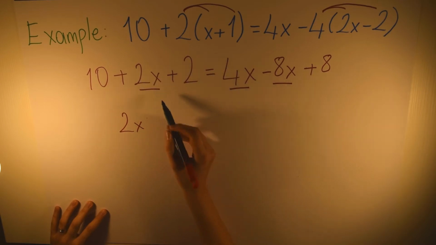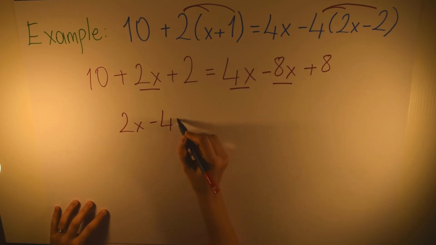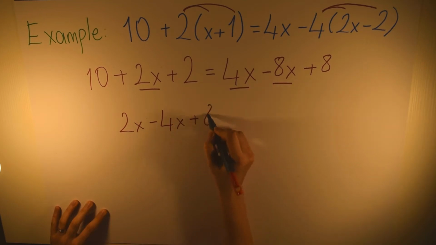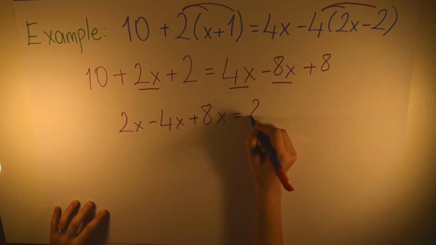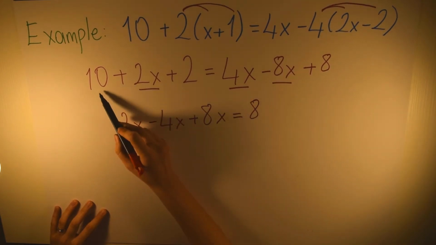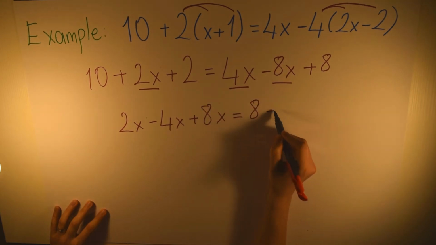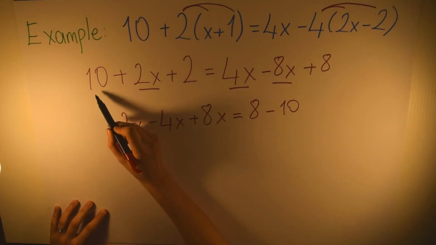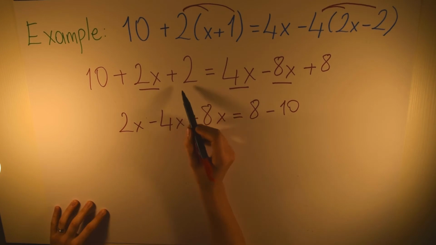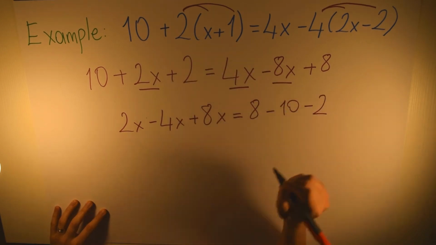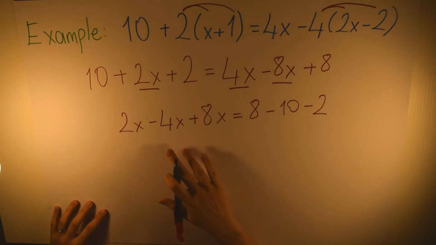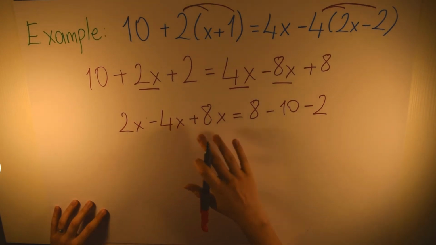When I put it on this side, it becomes minus 4x, and this minus 8x becomes plus 8x is equal to, I have here 8, and this 10 goes as minus 10 because this is plus 10, right? And this plus 2 goes as minus 2. So we relocated them.